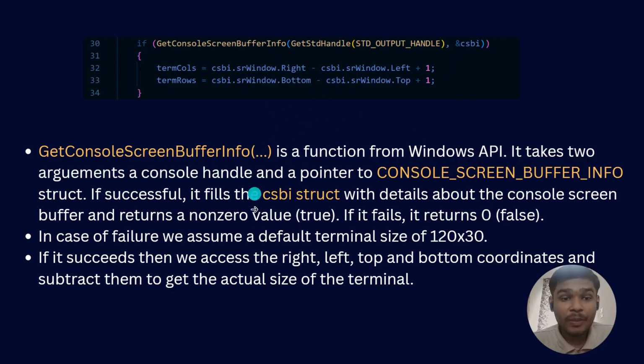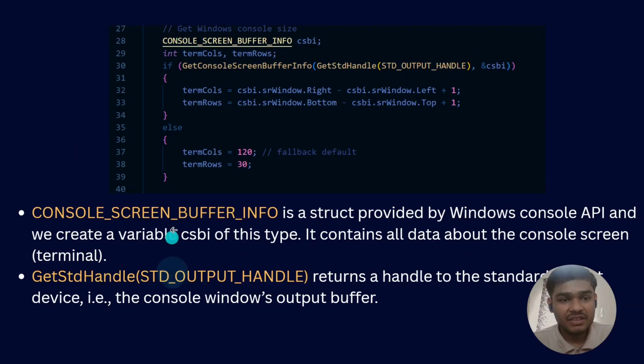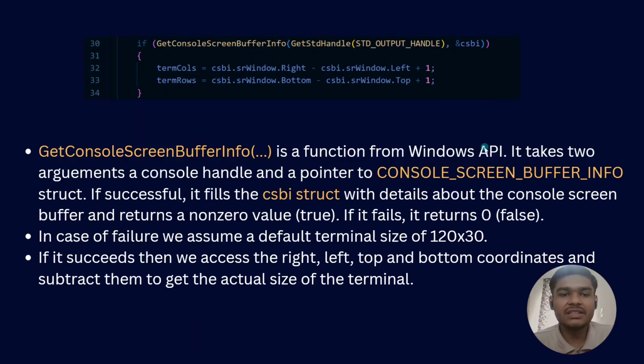In case of failure, we assume a default terminal size of 120 by 30, which we have already defined here, because we need to provide some size. If it succeeds, then we access the right, left, top, and bottom coordinates and subtract them.